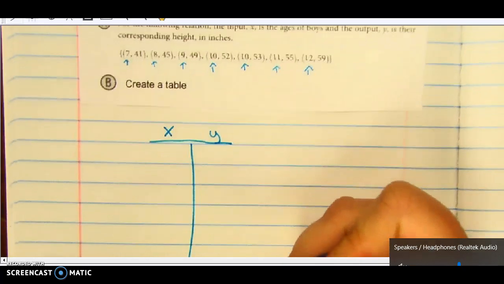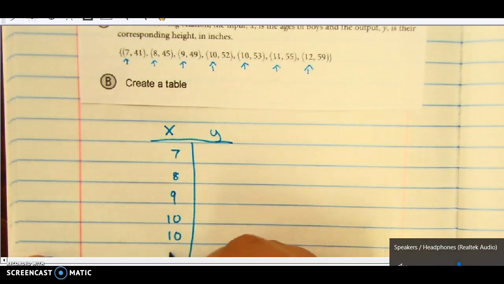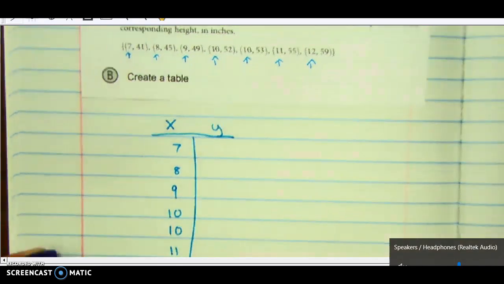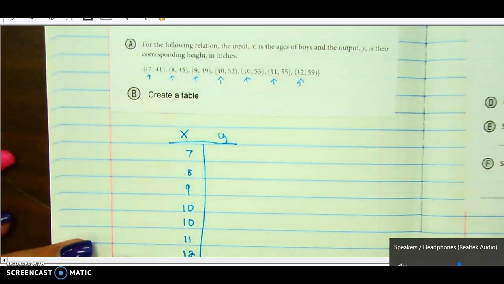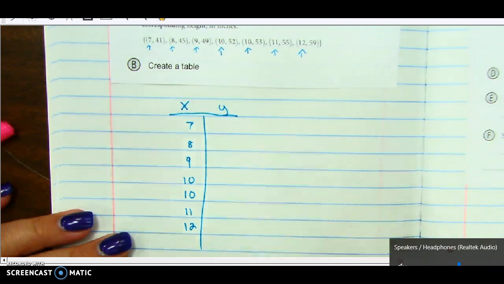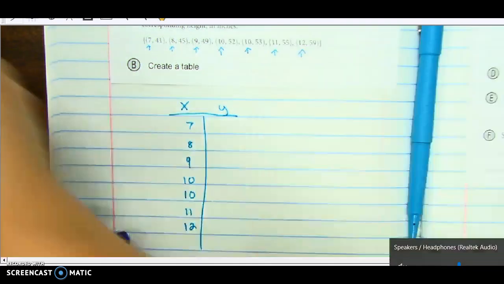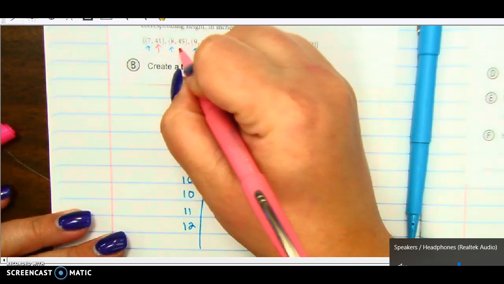So I'm going to write that down. 7, 8, 9, 10, 10, 11, 12. Okay, so there are my inputs. What I get out would be my outputs, or my heights.